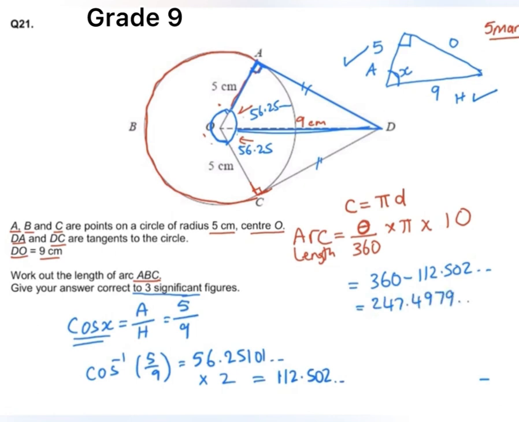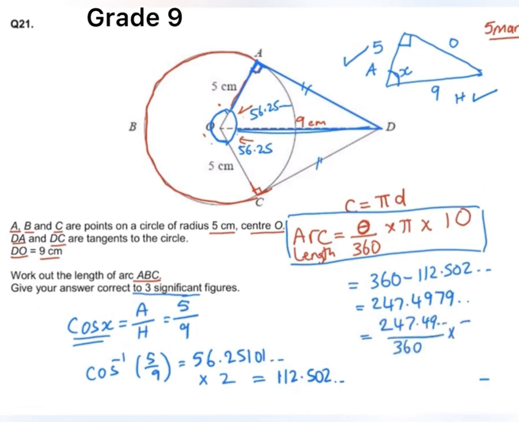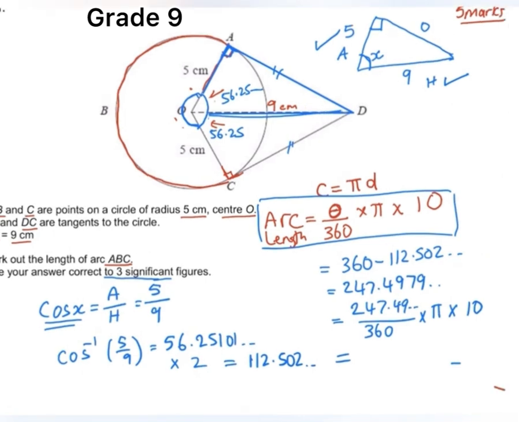That equals 247.4979 and so on. So now I'm going to use this formula here to work out the arc length, which is missing, because I have all the information that I need. 247.49, I'll just leave this in the calculator, divide by 360, times by pi, times by the diameter, which is 10, and that should give us the arc length.